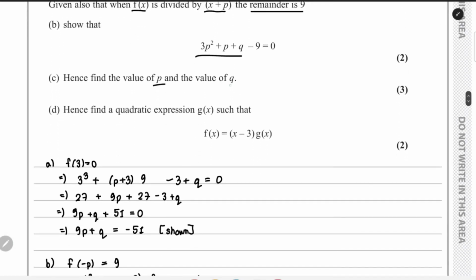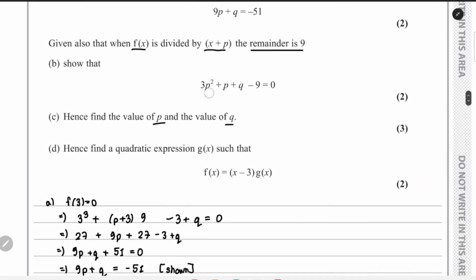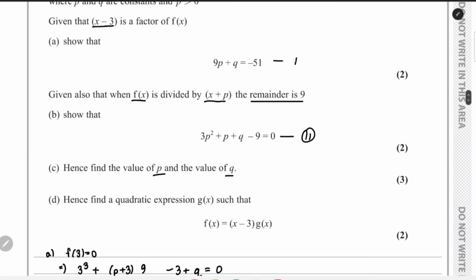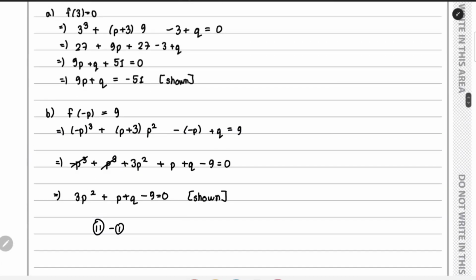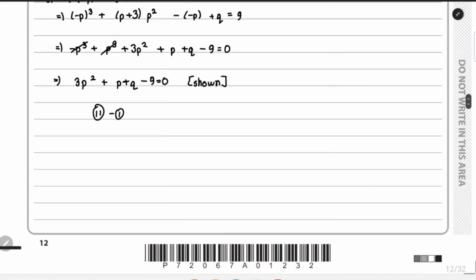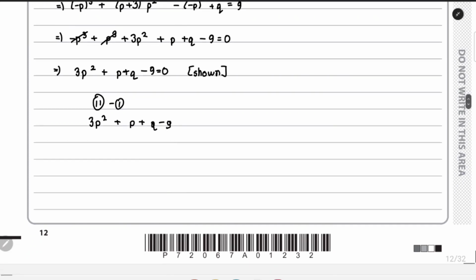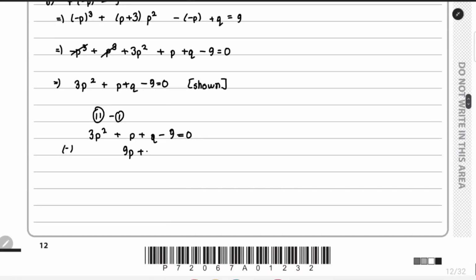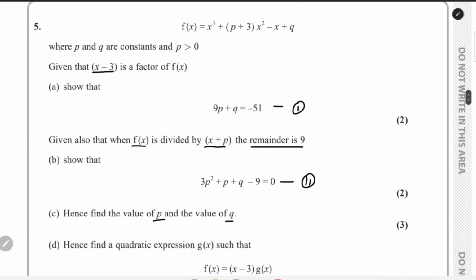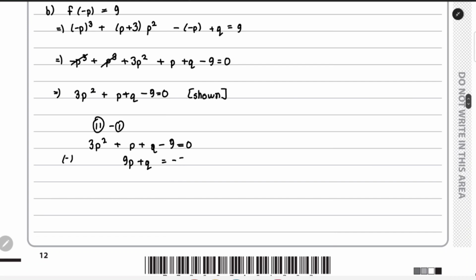In part C, we have to find the value of p and q. We are given two equations, so this is equation 2, this is equation 1. If we subtract equation 1 from equation 2, we can get rid of the q. So we get 2 minus 1. So 3p square plus p plus q minus 9 equals 0 minus 9p plus q equal to minus 51.